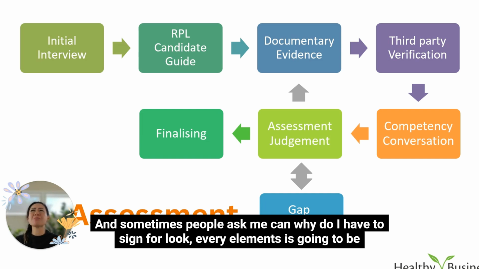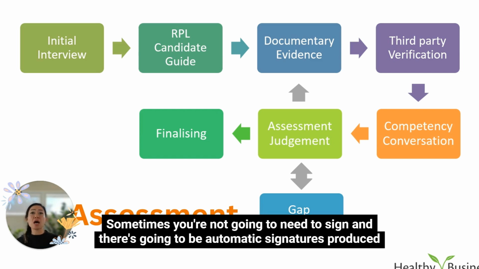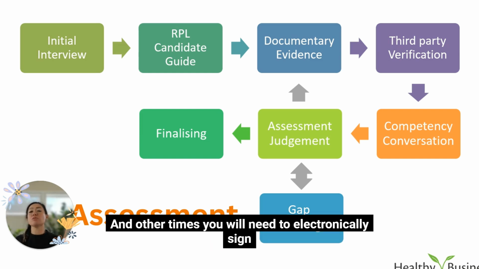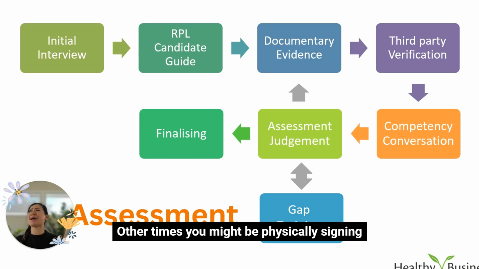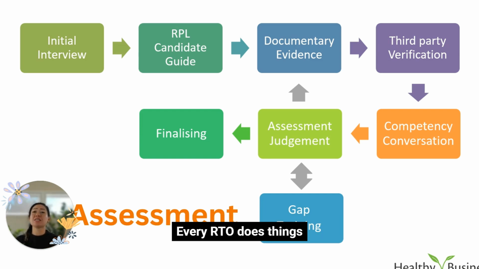And sometimes people ask me, Kim, why do I have to sign? Look, every LMS is going to be different. Sometimes you're not going to need to sign and there are automatic signatures produced. Other times you will need to electronically sign, and other times you might be physically signing. Every RTO does things differently.